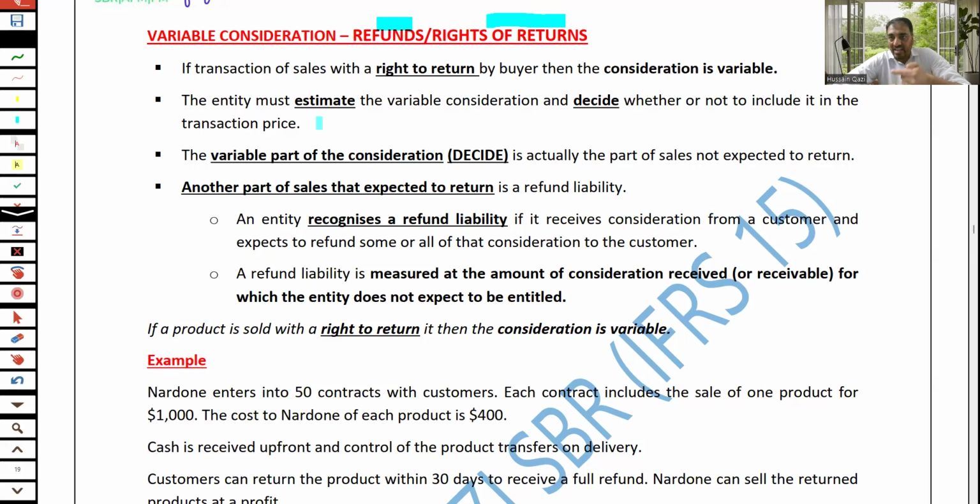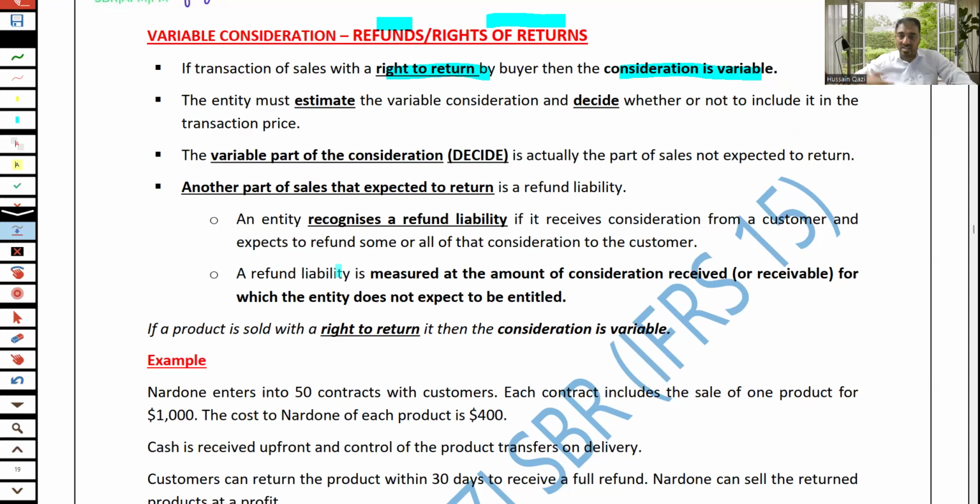If a seller sells the goods and also gives the right of return to the buyer, first of all, this right of return is a consideration that's called variable. You need to consider that point. Listen carefully: if the contract includes the right to return, that is considered variable consideration.